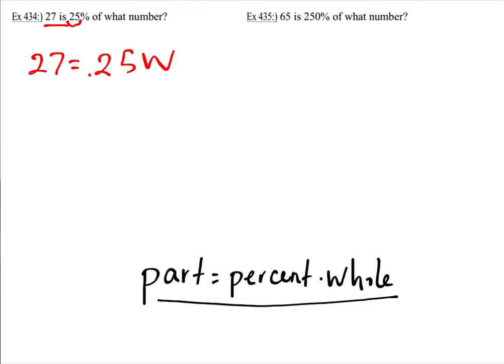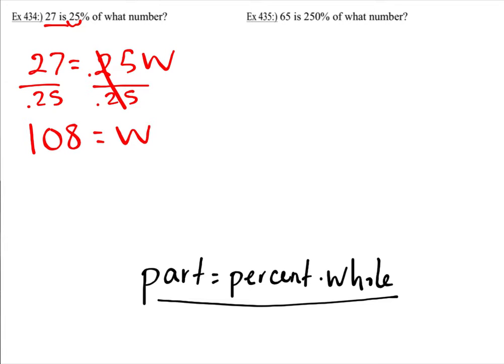Of the whole number, we don't know what the whole number is, so I'll use a W. Divide both sides by 0.25. And the whole is 27 divided by 0.25. And that is 108. So 27 is 25% of 108.